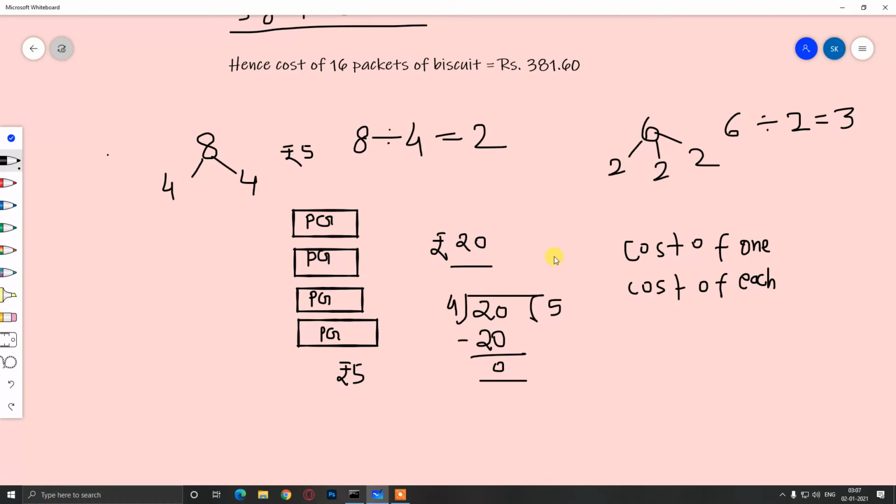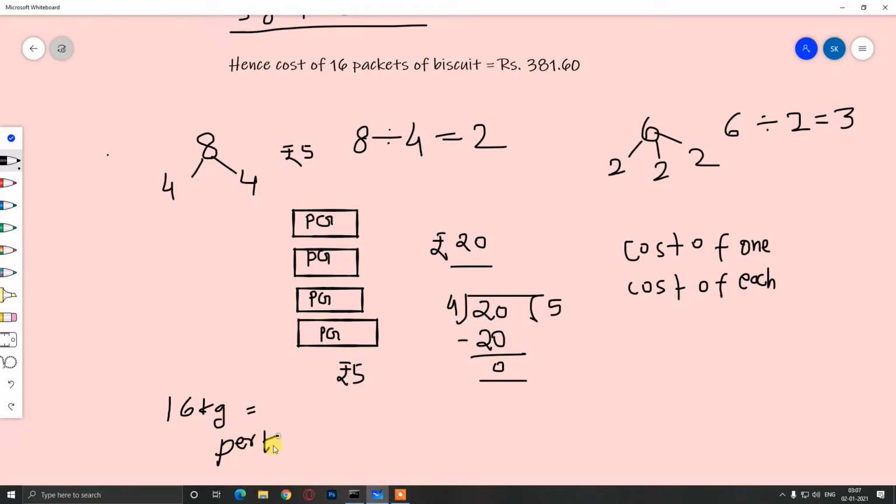So like this we have to solve. And suppose the cost of 16 kg sugar is given, and it is asked you to calculate cost per kg.